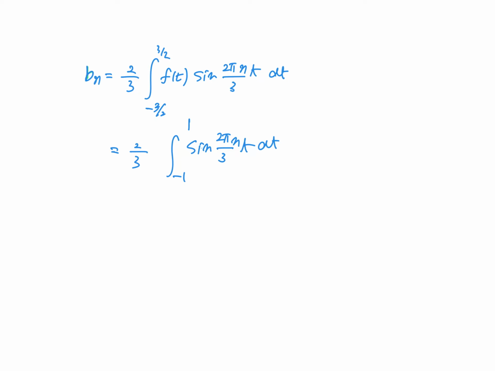What do you have when you integrate the sine? Minus cosine. So that is 2 over 3 times minus 3 over 2 pi n cosine 2 pi n t over 3, from minus 1 to 1. Unfortunately, cosine of minus is the same as cosine, so this term just goes to 0.